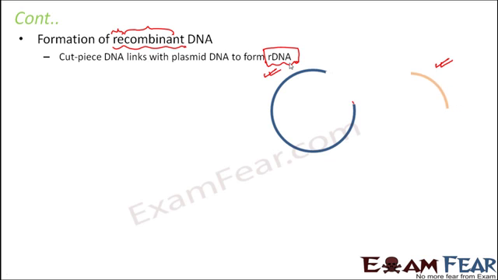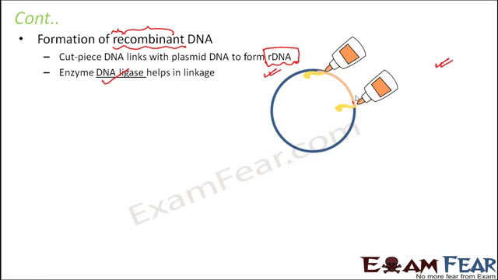Now this is how it will join. This piece of DNA will get linked to the plasmid DNA. Now how does it actually get connected here? For the connection, there is an enzyme called DNA ligase which helps in the linkage. Basically DNA ligase acts as a glue which helps this piece of DNA to get stuck in the circular DNA.